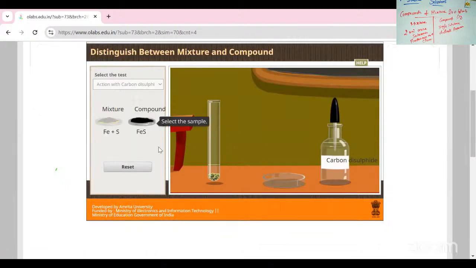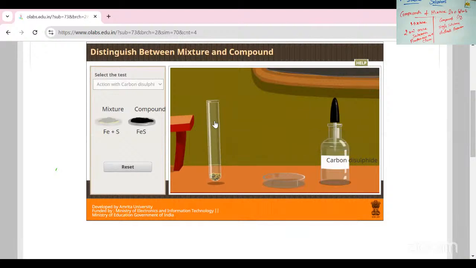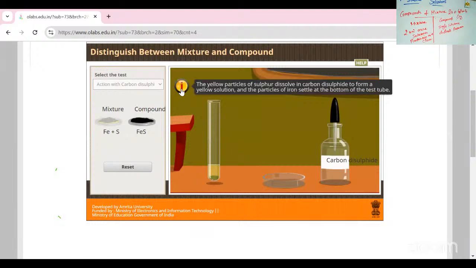No, there is no change. Next, stir the test tube. Now I am stirring the test tube. The particles settle down. The yellow particles of sulfur are dissolved.